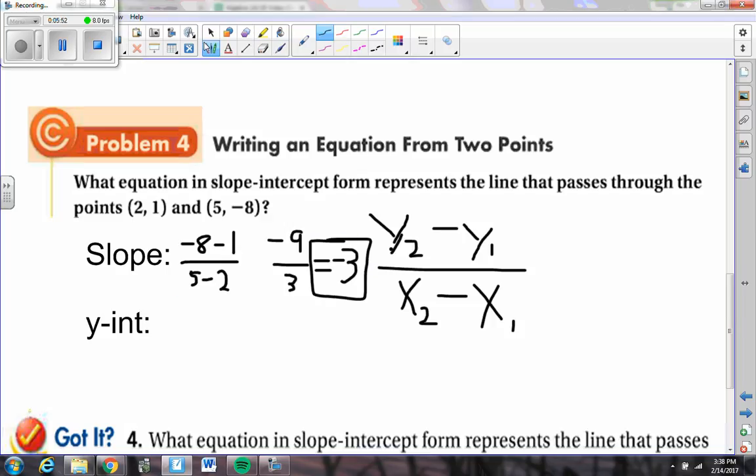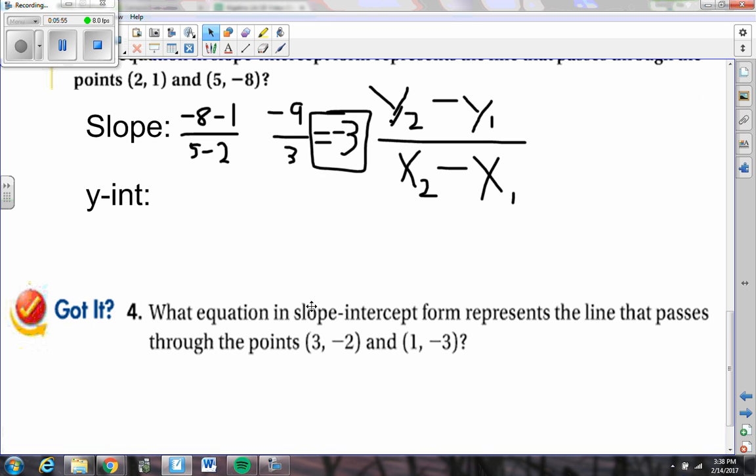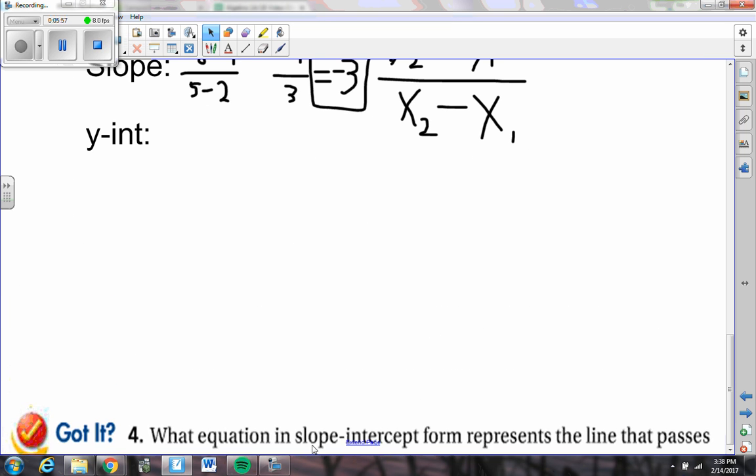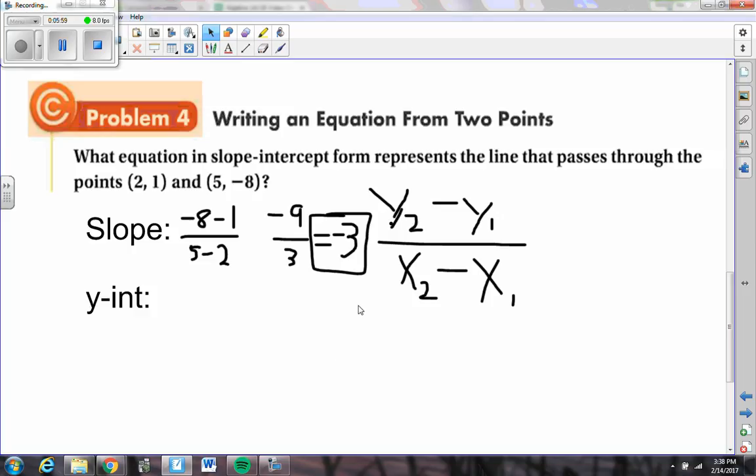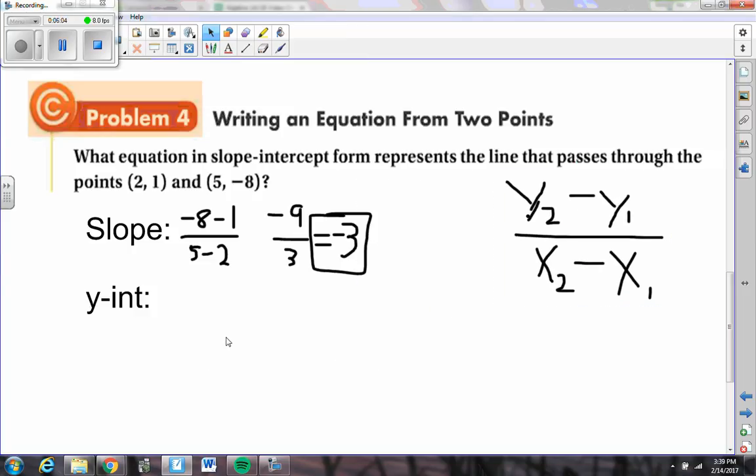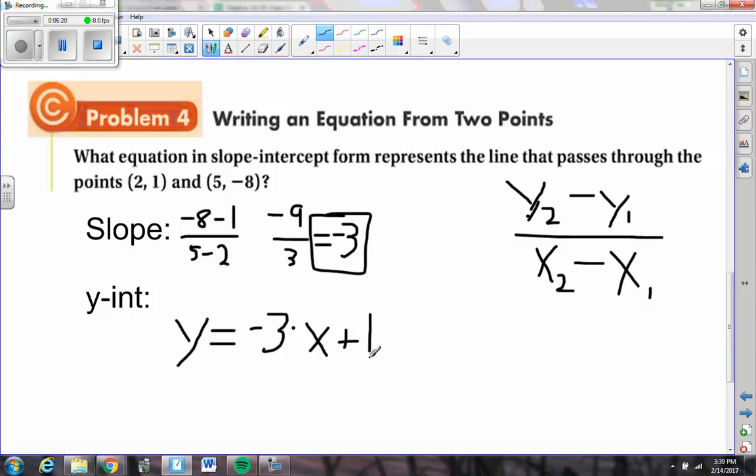My y-intercept, unfortunately, is in many ways harder to find. It's going to take a little bit more work to find my y-intercept than it did my slope. What I know right now about this equation is that it is somewhere in the form y equals -3 times x plus some number at the end that I don't know yet.